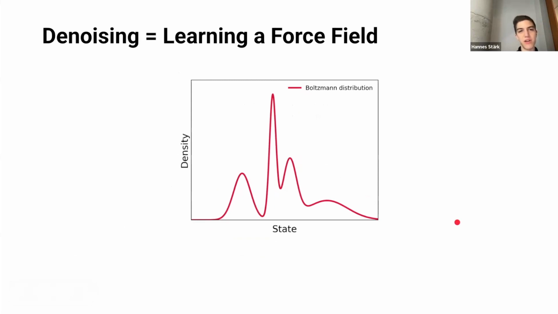So you're not really learning a force field, but the score of this sum of delta distributions, if you want to call it that, that is then renormalized, where the modes are weighted accordingly. Or do you even weight the modes accordingly, or do you just take them all to have the same weight?